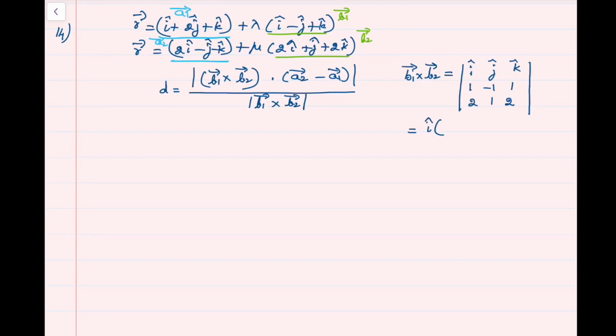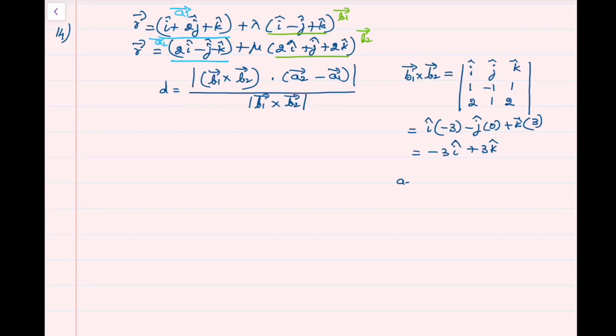Let us find the cross product. i times minus 2 minus 1, which is minus 3, minus j times 2 minus 2, 0, plus k times 1 plus 2, which is 3, which is equal to minus 3i plus 3k.